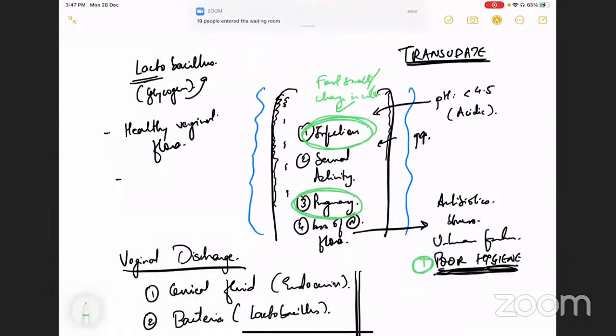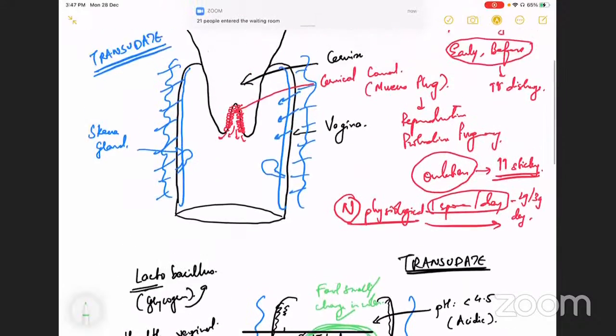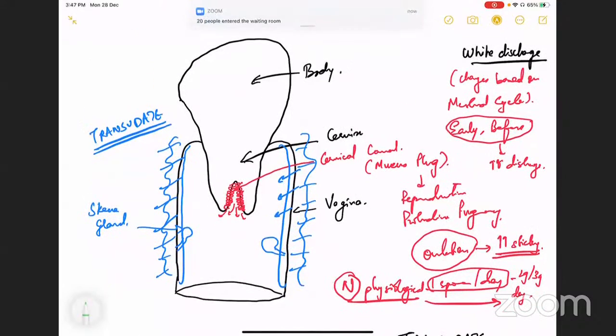Whenever I talk of this entire topic and describe the white discharge, in this brief 1 minute, you must all again understand this concept very importantly, that the vaginal discharge is contributed by the cervical canal, which is present here, and from the transudate which is occurring in the vagina.